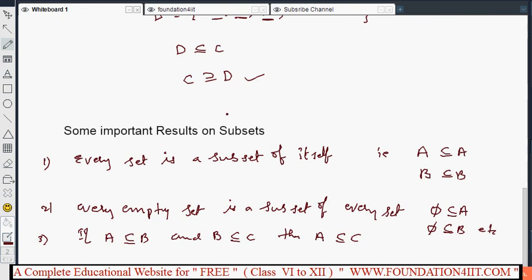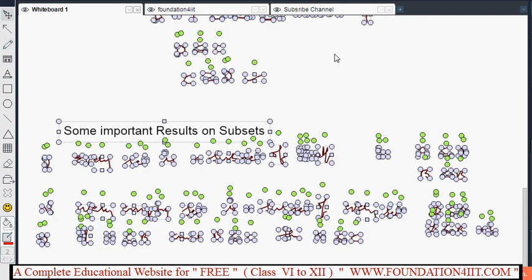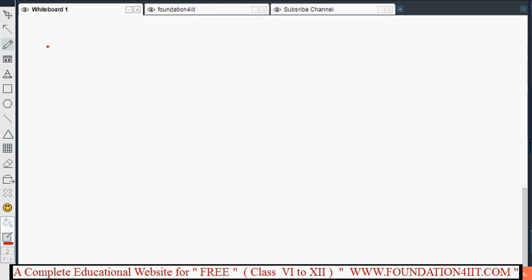And one more rule, the fourth rule: if A is a subset of B and B is a subset of A, then both are equal, so A is equal to B. If both are subsets of each other, then both are equal.